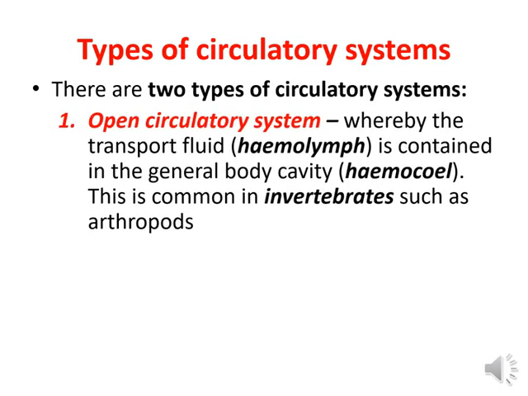Number 1, we have what we call the open circulatory system, whereby the transport fluid, in this case the hemolymph, is contained in the general body cavity, that is the hemocoel, and this is a system that is common in invertebrates such as arthropods. A very good example of arthropods is insects.